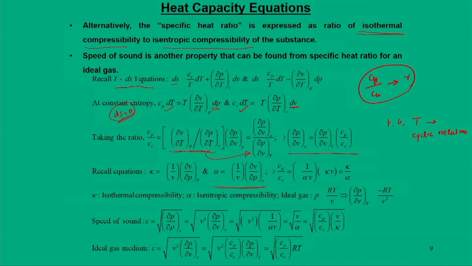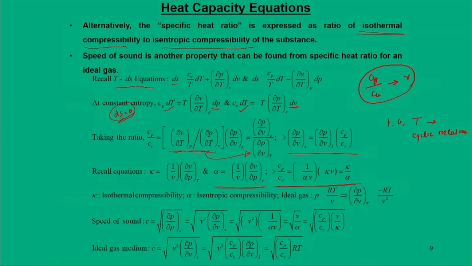How? Cp by Cv is equal to dou P by dou V at constant S. This information you will get from alpha, and dou P by dou V at constant T you will get from kappa. So, by putting this we get the relation Cp by Cv equals kappa by alpha.